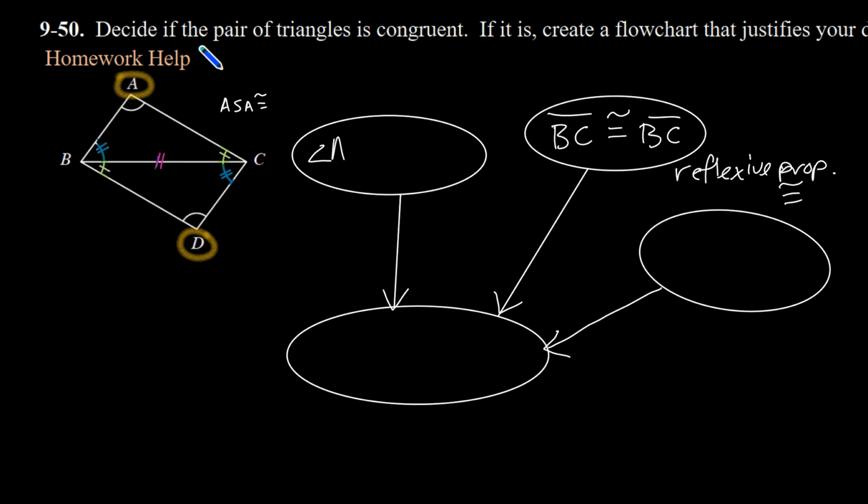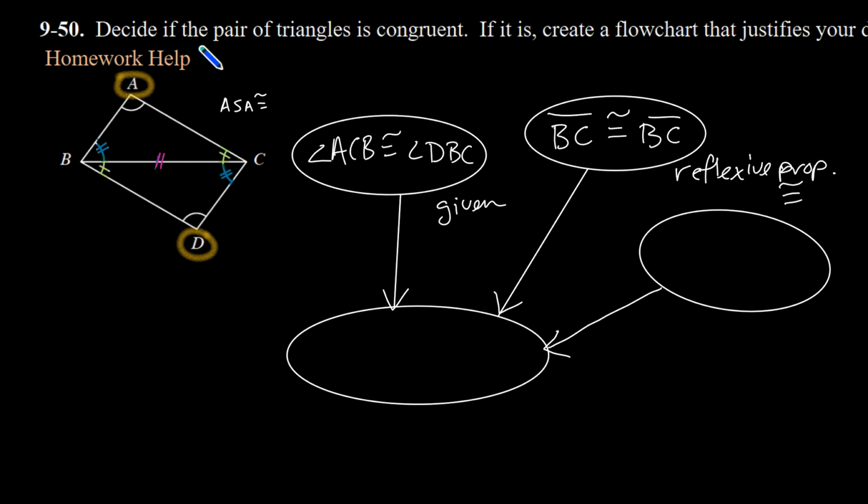So angle ACB is congruent to angle DBC. So those are the ones that are highlighted with a single tick mark, right? I highlighted them in green, but those are congruent because it was given in the diagram by the tick marks.